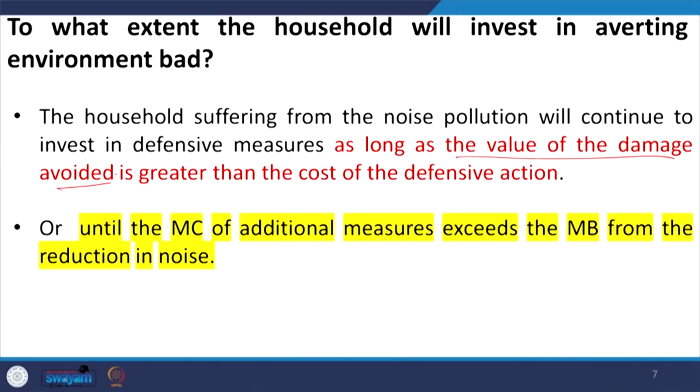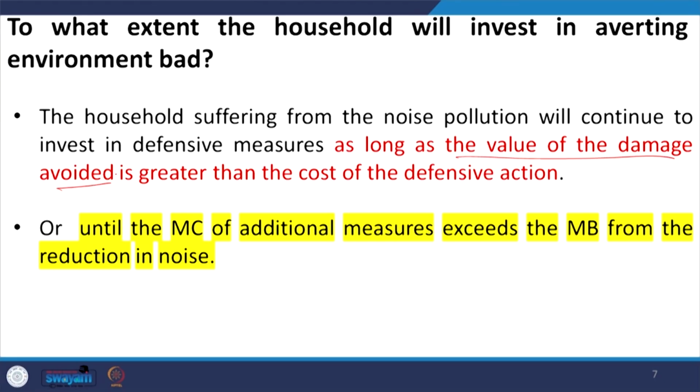And if the value of the damage avoided is just equivalent to the cost of the defensive actions, at that point the household can think about what to do, whether to think about some alternative or still continue as it is. Or technically, the same thumb rule can be expressed in technical terminology. This household can continue investing in such averting expenditure until the marginal cost of additional measures it is taking in order to defend against this noise exceeds the marginal benefit from the reduction in noise.